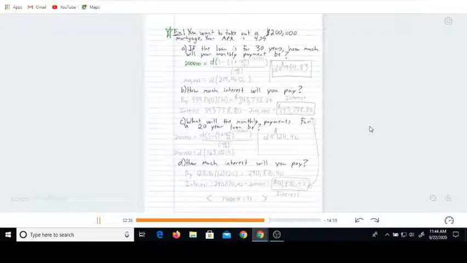And looking at our loan formula, it's going to be 1 minus 1 plus the rate, which is 4%. Monthly is 12, raised to the negative 12 for 30 years, so the t value is 30, all over 0.04 over 12. So that's going to be $200,000 equals D times, and we got to type that number into our calculator.